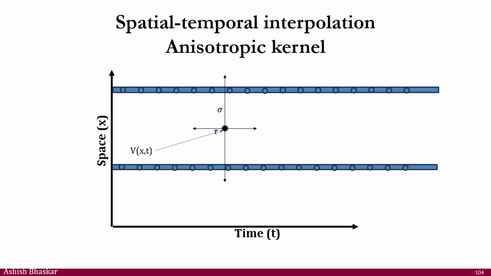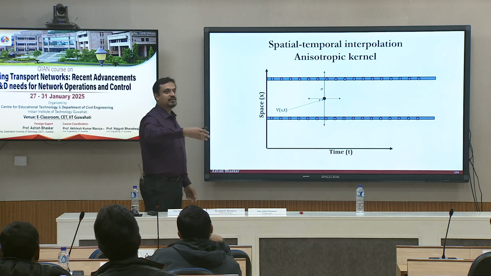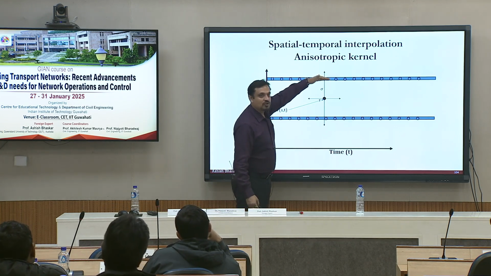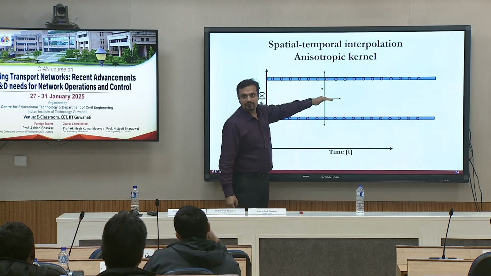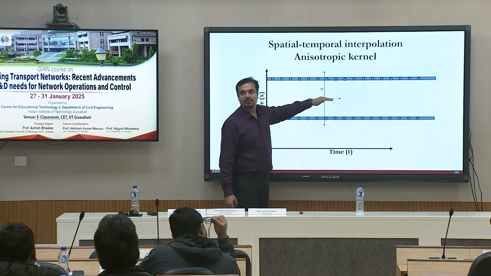Some interpolation we are doing from the extreme ends. The piecewise constant speed-based model was one of them, where any speed I observe here is constant for the next half of that region, and any speed I observe there is constant for the other half of the region.